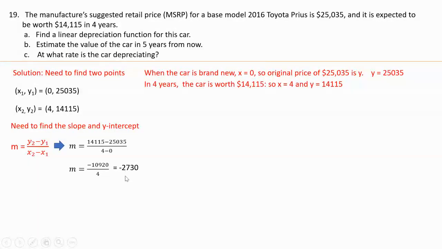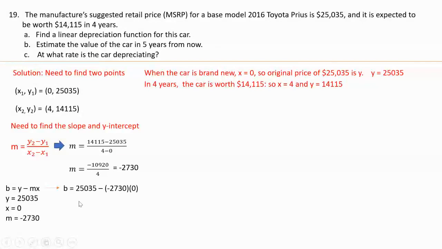Okay. So we got my M. Now I need to find my B. All right. So I'm going to use the formula B equals Y minus MX. I'm going to use the first point because it's easier, because it has a 0. So my Y is 25,035, my X is 0, and my M, my slope, is negative 2730.